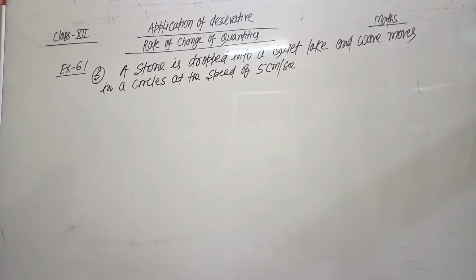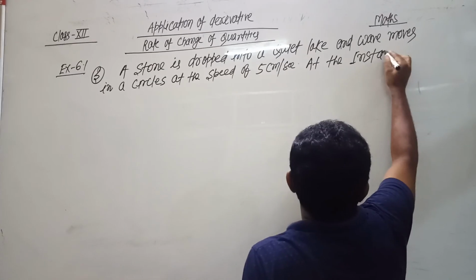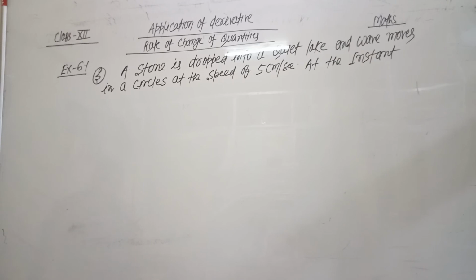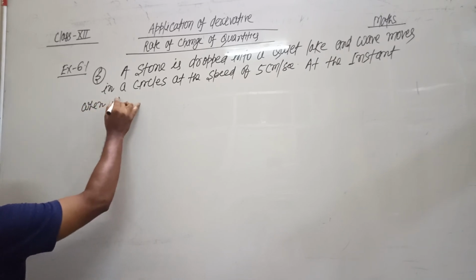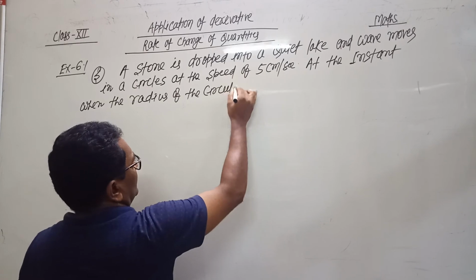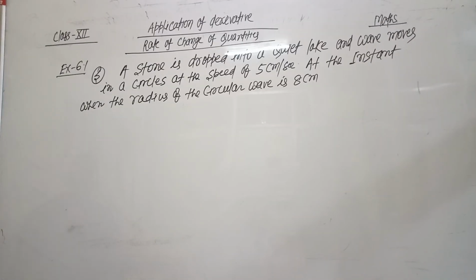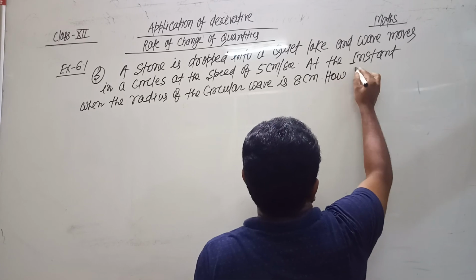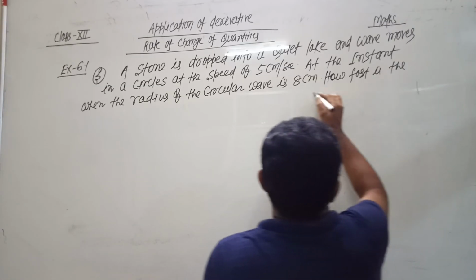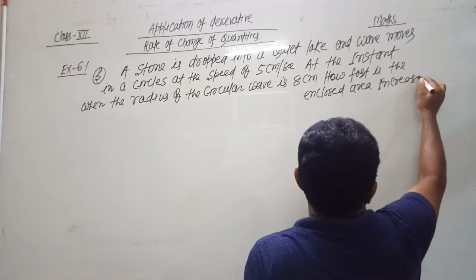At the instant when the radius of the circular wave is 8 centimeter, how fast is the enclosed area increasing?